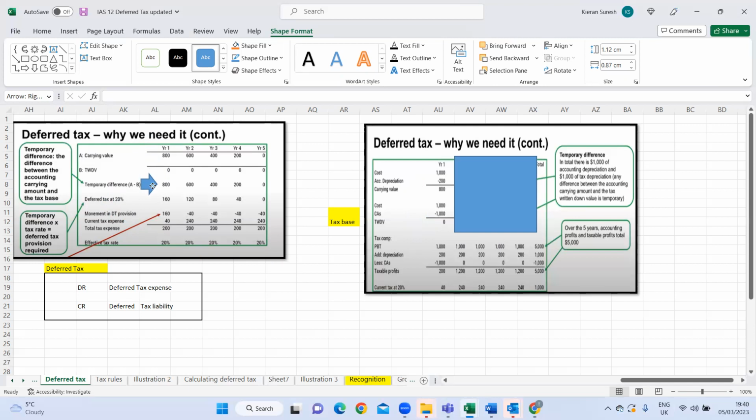One is taxable temporary difference. That means I'm going to suffer tax in the future, right? So that is a taxable temporary difference, which would initiate a deferred tax liability. For example, here in my books, I'm claiming 800 pounds worth of net asset. That means in future, I'm going to use this in business and make profits.